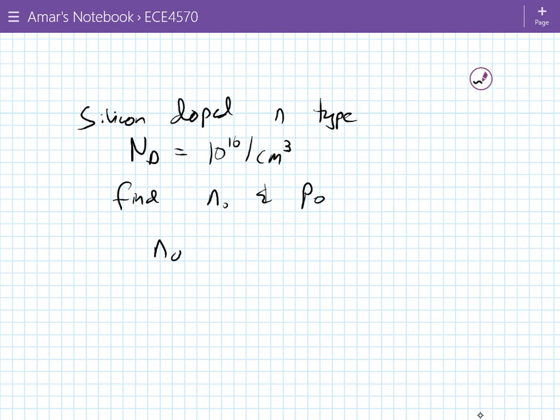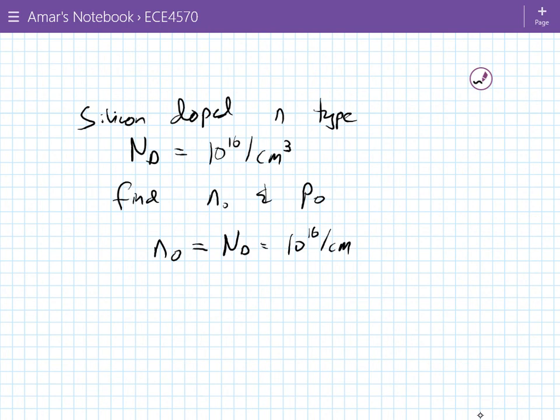What is the electron concentration going to be? I'll give you a hint. This one is very simple. You don't need to do any calculations at all. 10 to the 16th. Why is it 10 to the 16th? Exactly. It's equal to Nd, 10 to the 16th.